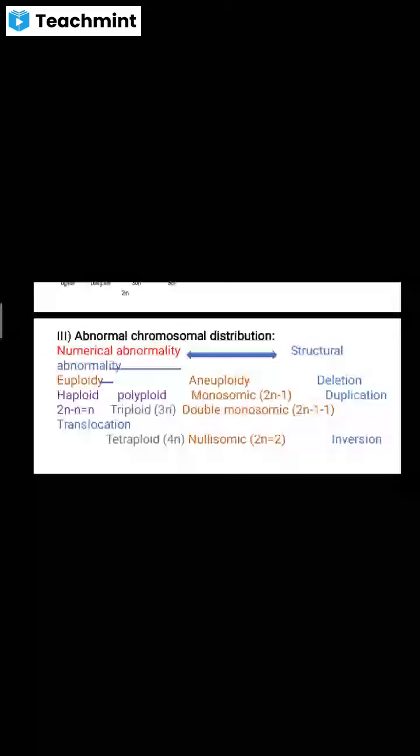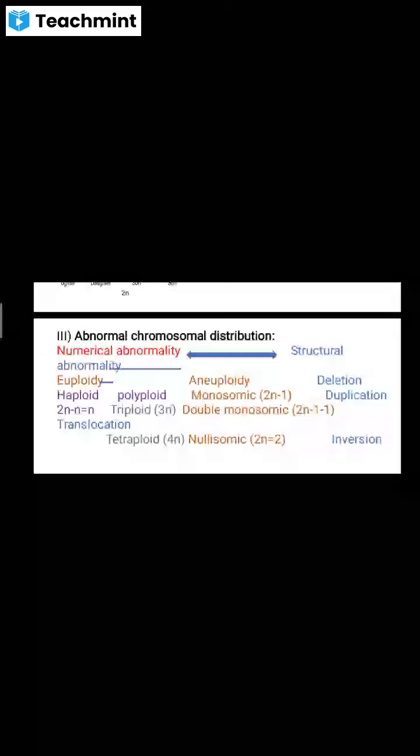That means in the diploid state, one chromosome is deleted. Aneuploidy is differentiated as monosomic, and in double monosomic, two chromosomes are removed. In nullisomic, all the chromosomes are removed.